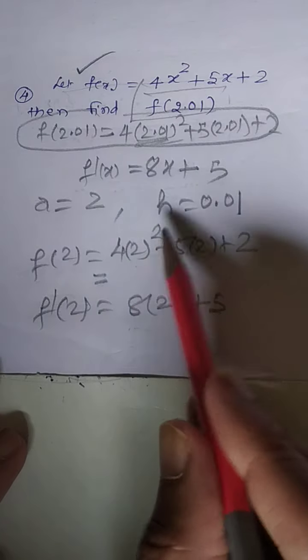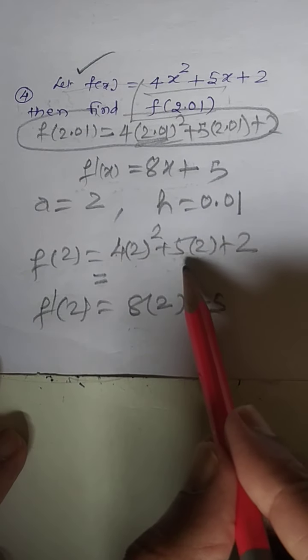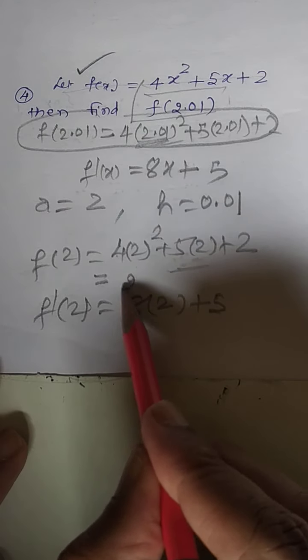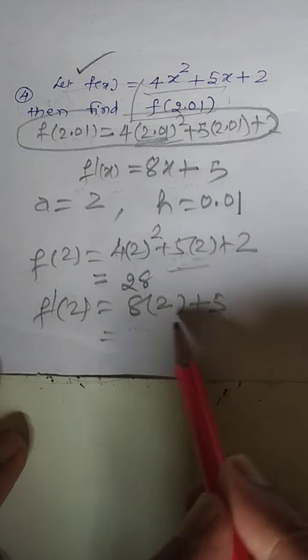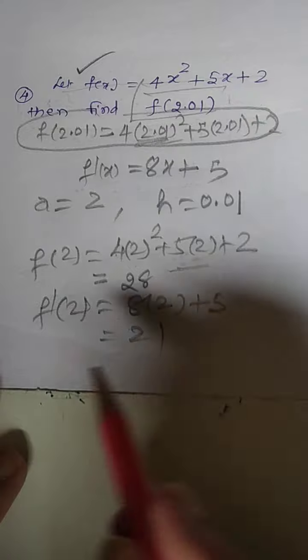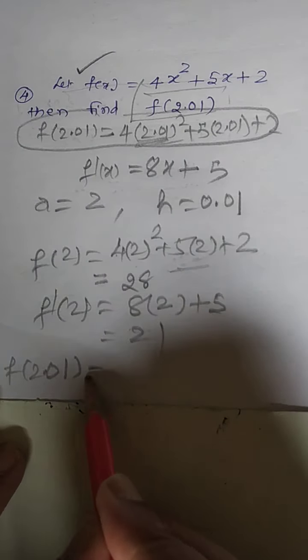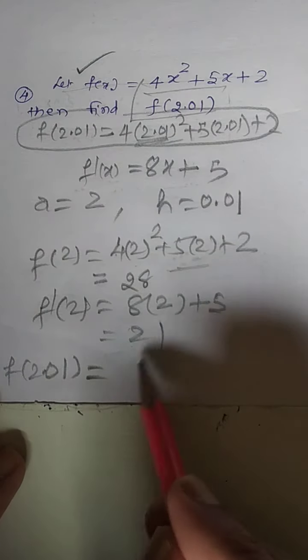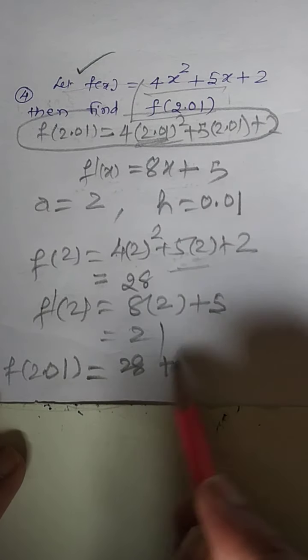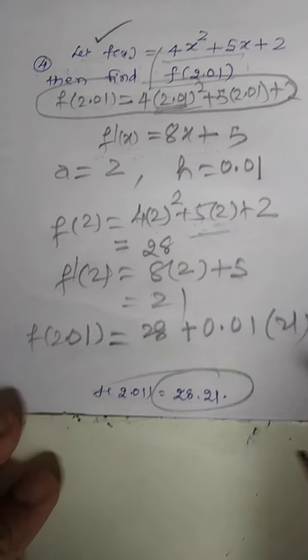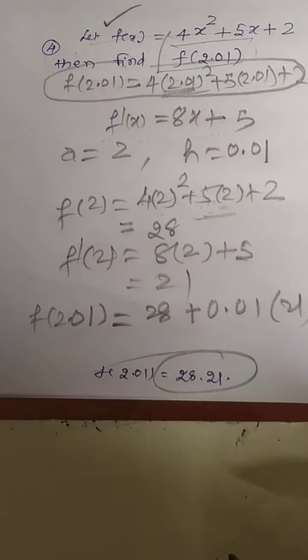So here it will be 4 times 4 is 16, 16 plus 10, 26 plus 2, 28, and this will be 21. If you replace in the formula, then f of 2.01 will be equal to f of a, 28, plus 0.01 into 21. Simplify, you will get the result. Is it okay?